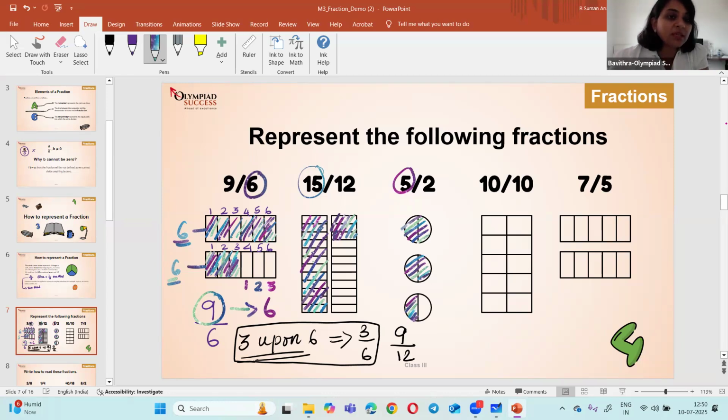Now can you tell me the unshaded part? Yes, Jaivir, in fraction form. You can take your time. You think and tell me.